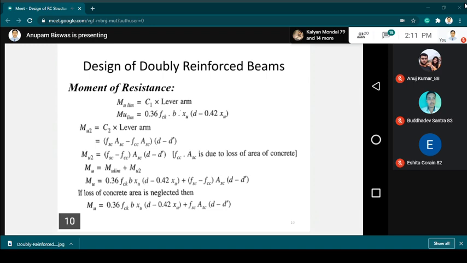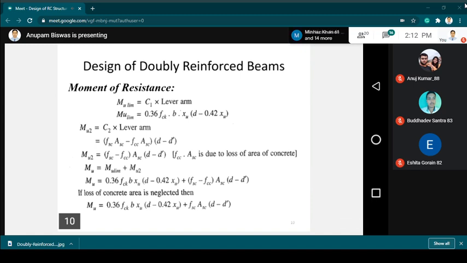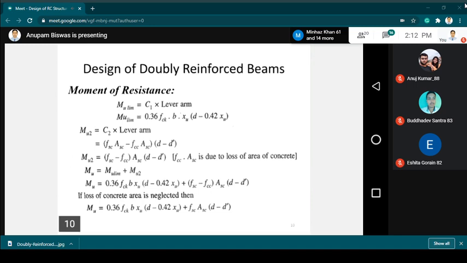no problem. Now for this Mu2, this additional value FCC into ASC, for this loss in concrete we have to also include, and ultimately, by neglecting the total loss of concrete, the value of Mu turned out as 0.36 FCK into B into XU multiplied by D minus 0.42 XU plus FSC into ASC multiplied by D minus D dash.